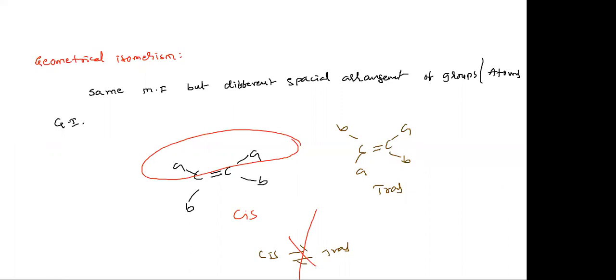What are the conditions? You have to write down the conditions. We already discussed the conditions now. What are the conditions? If it is carbon-carbon with AA both the same, it does not show geometrical isomerism. Yes or no? We discussed this in the last class.